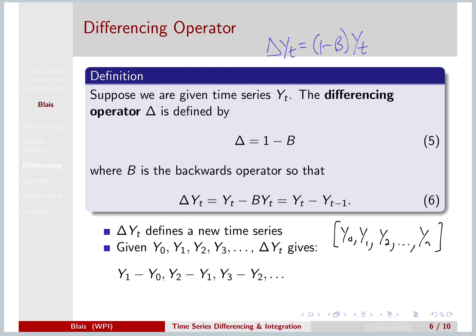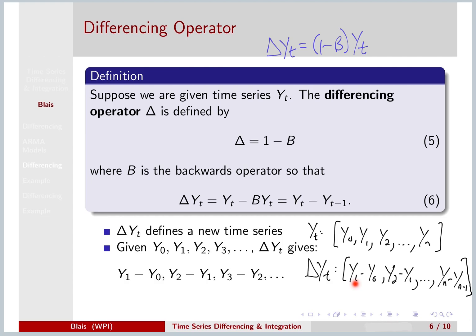But if you note, when you take your delta y_t, you have that pairing, y1 minus y0, and then y2 minus y1, up to yn minus y_(n-1).